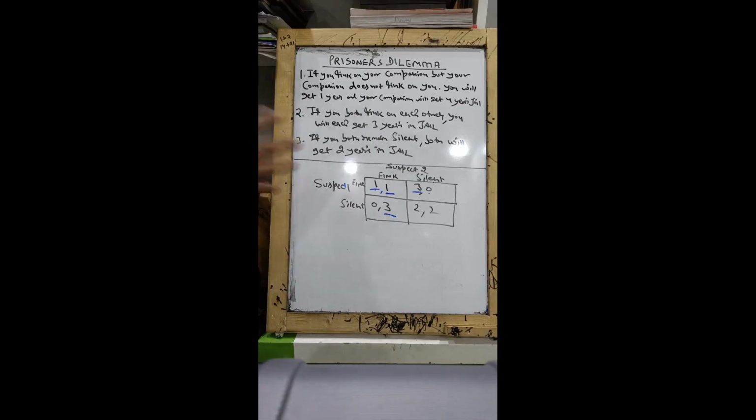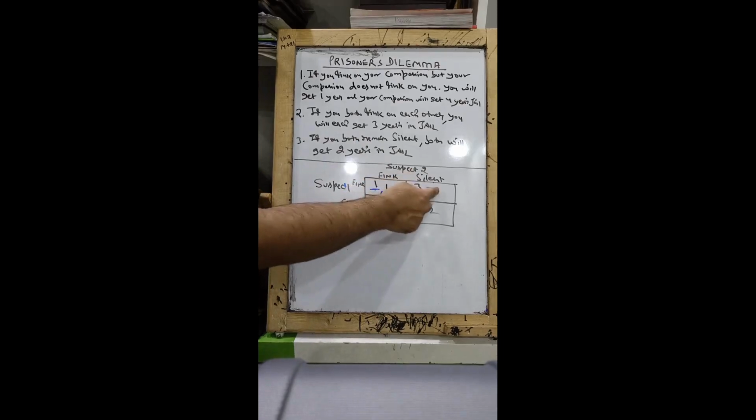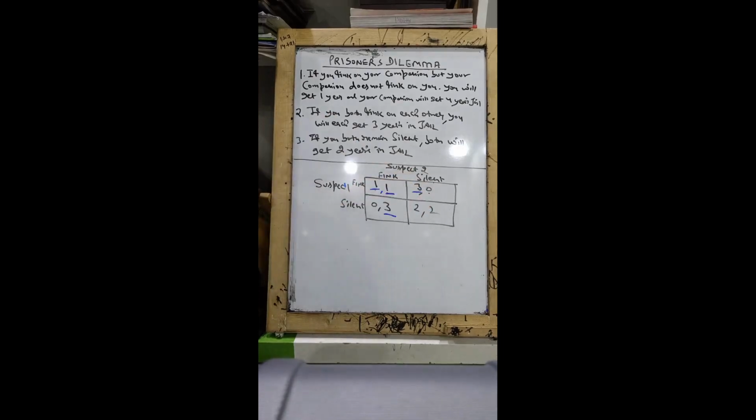Now the same is going to be applicable with suspect 2. Suppose suspect 2 thinks that suspect 1 is going to think. Don't you think he has to decide whether to think or remain silent? Think, 1 year, silent, 0. So he's going to think. Now suppose suspect 2 thinks that suspect 1 is going to remain silent. He has to decide think or silent? Think.